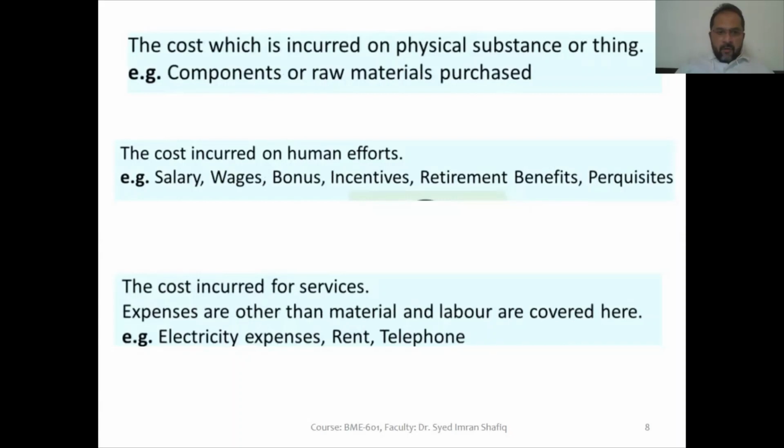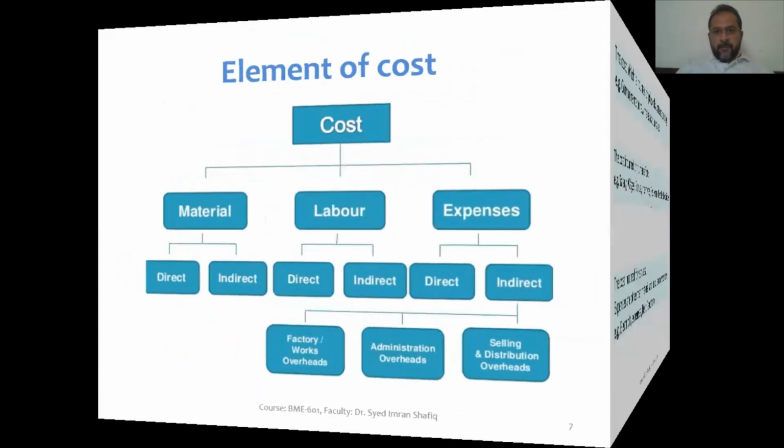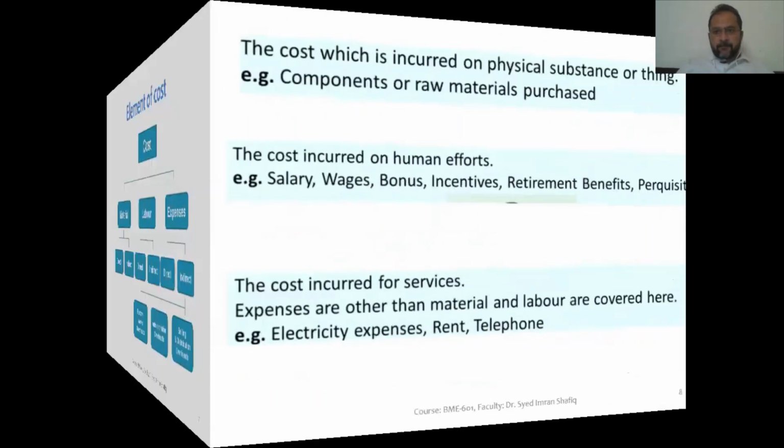And the cost incurred for services, expenses other than material and labor, are covered here. For example, electricity expense, rent of a building or rent of any machine, or a telephone is an expense.